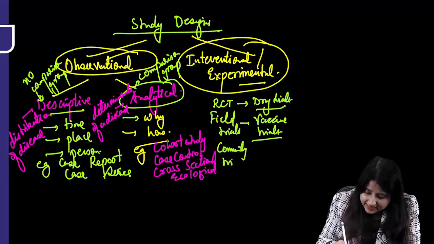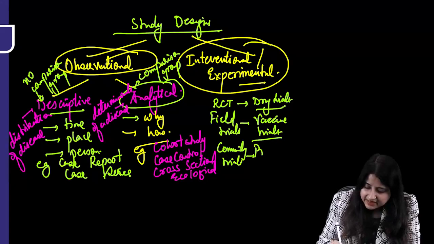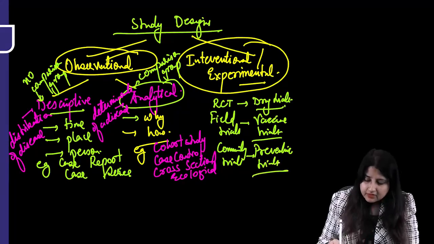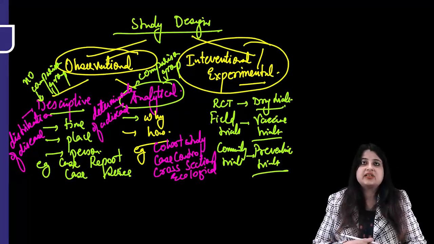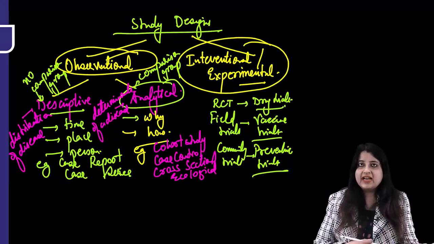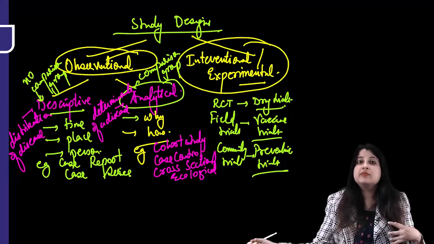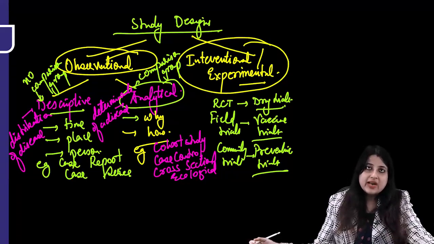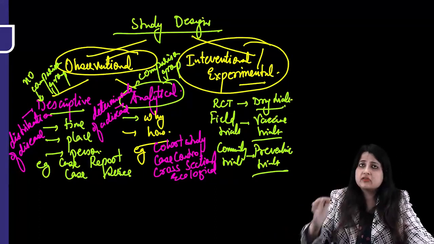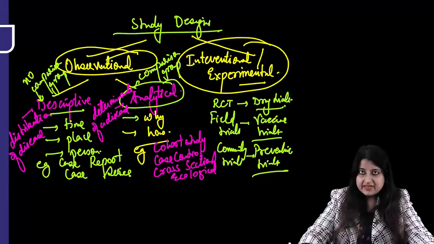Community trials are actually preventive trials. We bring in a sort of prevention. To one community, we give prophylactic iron folic acid, to the other we do not. In one community, we increase the fluoride content of water and in the other we do not. That is what preventive trials are.